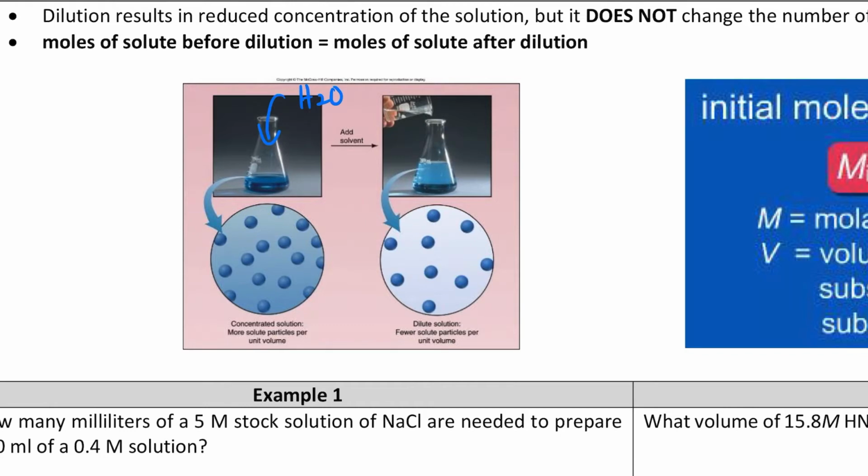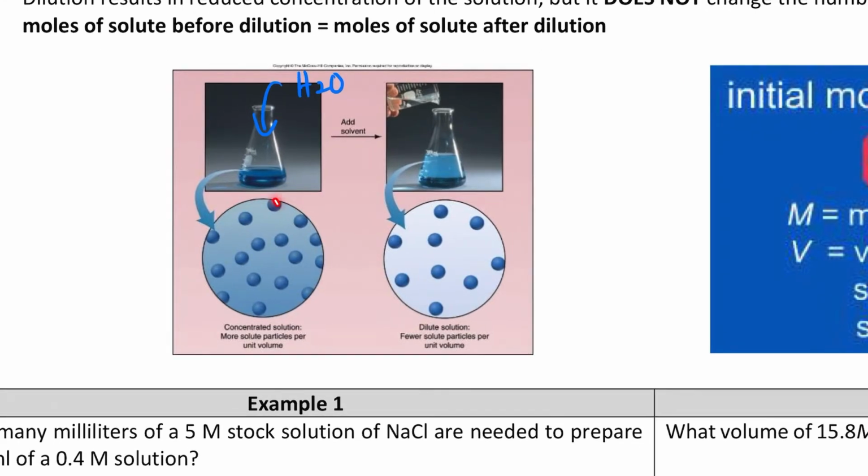Then kenapa dia punya concentration dia berkurang? Okay, so concentration dia berkurang sebab inilah. Kamu boleh tengok. First, masa dia concentrated solution, solute tu lebih banyak lah per unit volume. Okay, so nampaklah yang bulat-bulat ni adalah solute lah. So kiranya satu unit volume lebih banyak solute yang ada. Tapi bila kita tambah banyak H2O masuk, solvent, so dia punya solute tu disperse lah.